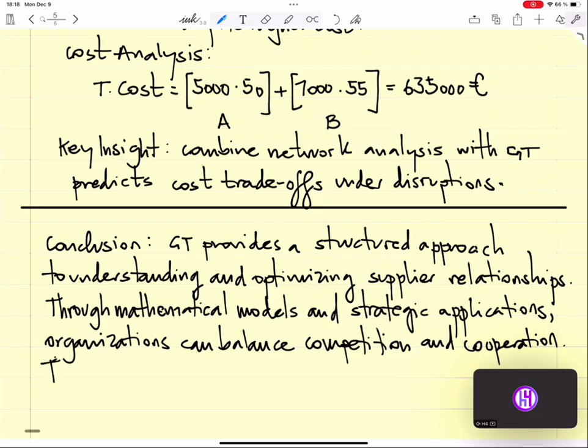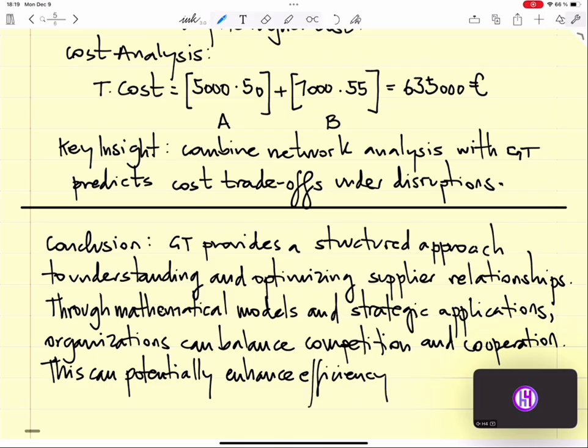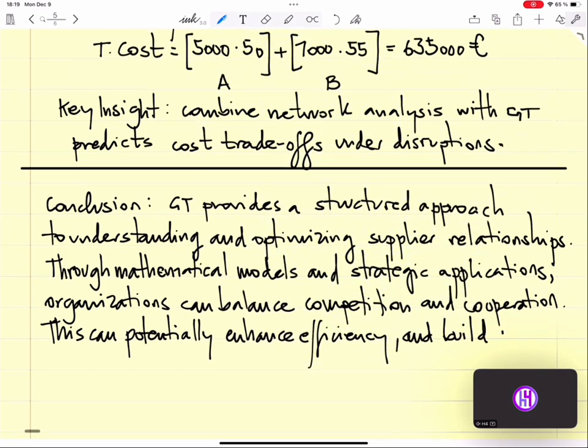This can potentially enhance efficiency and build more resilient supply chains. Okay.